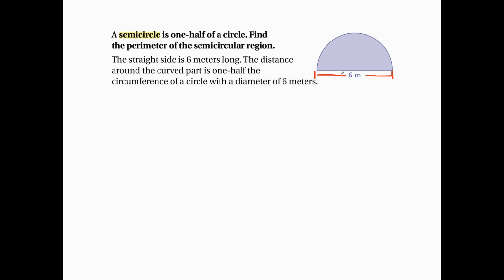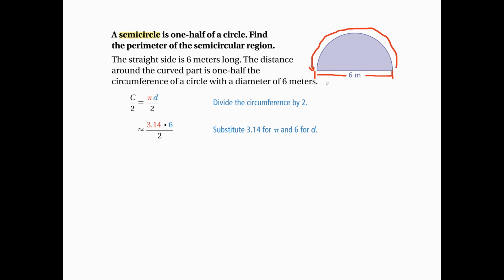That makes sense. If this was a whole circle, I would find the circumference. But the distance around here is only half, right? It's half the circumference of a circle with a diameter of 6 meters. So knowing that, let me find half of the circumference of the circle. So we do that. And then what do I need to do? I need to add it to the diameter.